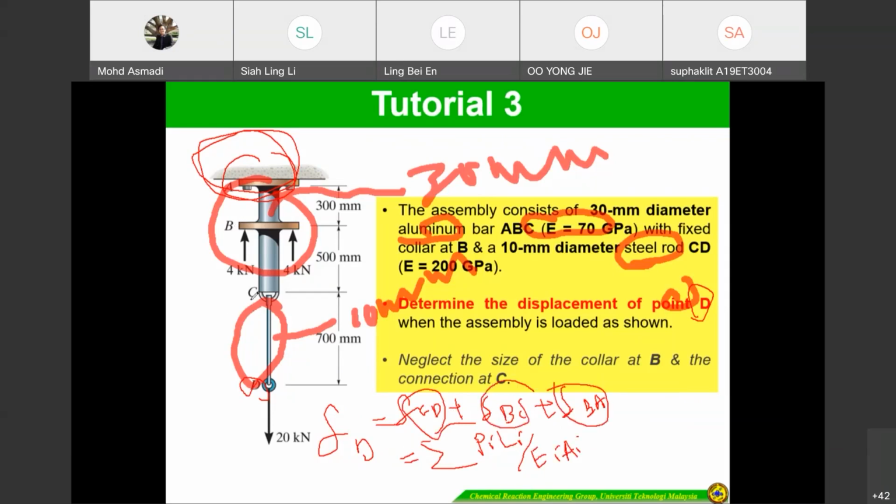We divided into 3 because the length is different: AB, BC, CD.